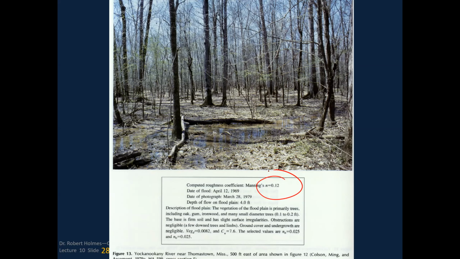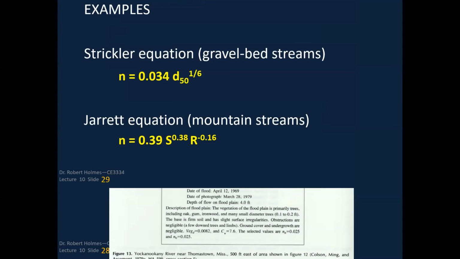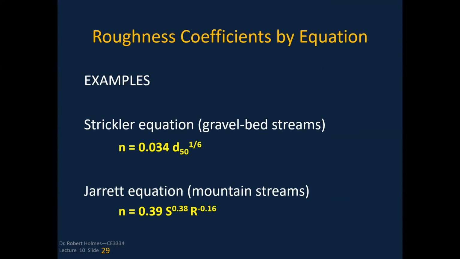So this is an area in the southern part of the United States. This is in Mississippi. And so you've got a lot of trees here, and as water flows through here, maybe at this depth, it's encountering a lot of trees and obstructions and things. And so that raises this value of N. The higher the value of N, the rougher the channel is. Okay, so that's photographic comparison.